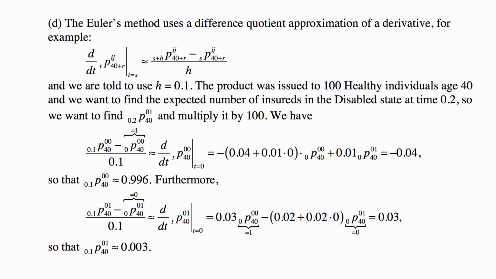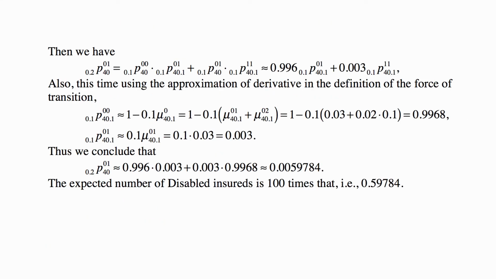So we do the second calculation. We get an approximation of 0.1 P4001, which is 0.003. But we want to get the probability of transitioning from state 0 to state 1 starting at age 40 over 0.2 units of time, 0.2 years.